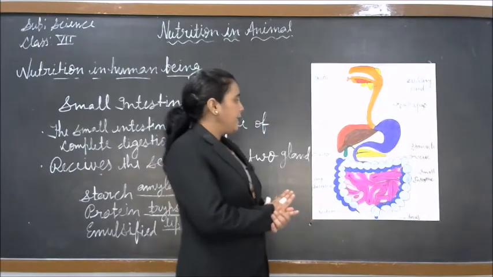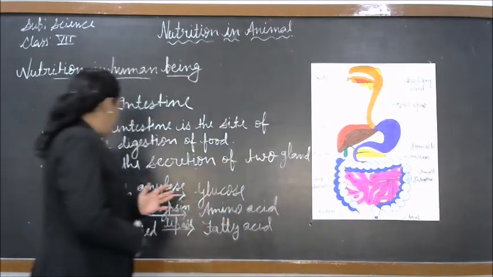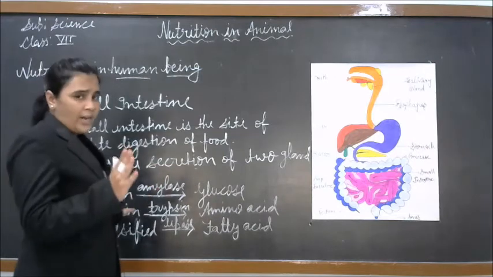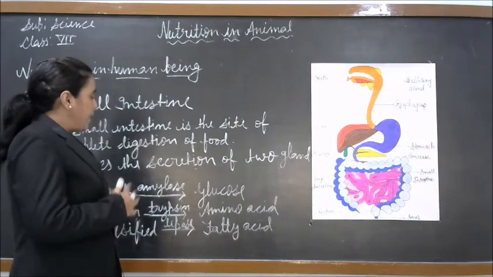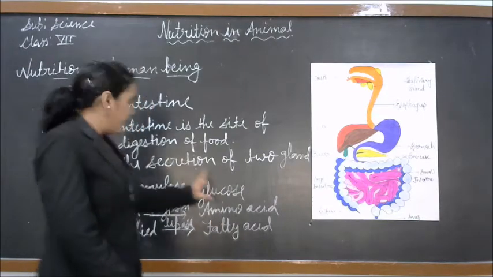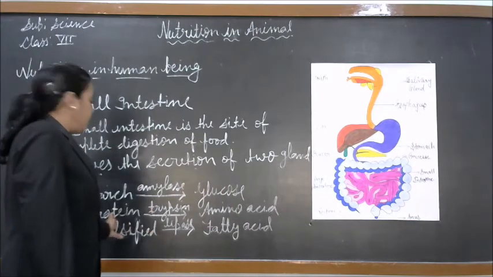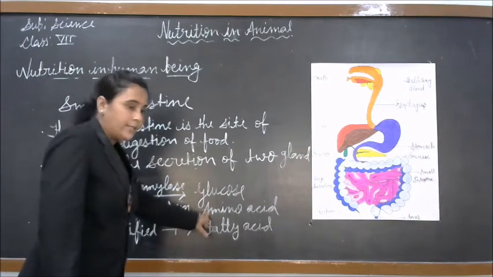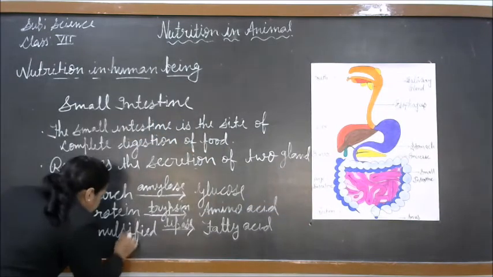After that, the pancreatic juices break down the starch present in our food, in the presence of amylase, into glucose. Next, protein: trypsin converts protein into amino acids.